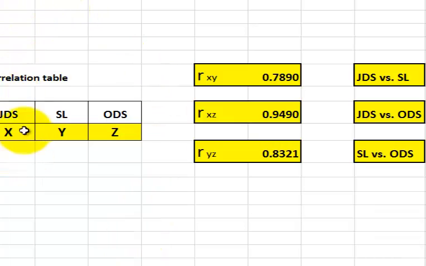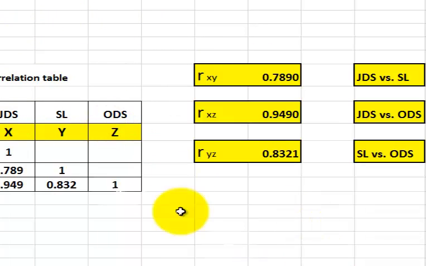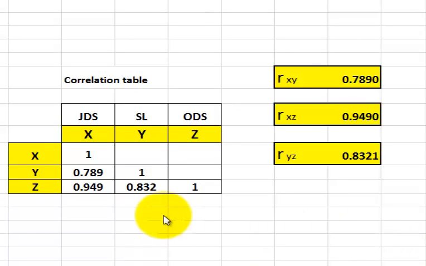We're going to fill in the correlations over here. Again, this data is given to us. This 0.789 is the correlation between X and Y, the correlation between JDS and SL. This number, 0.832, is the correlation between Y and Z, the SL and the ODS. So that's how you read that.